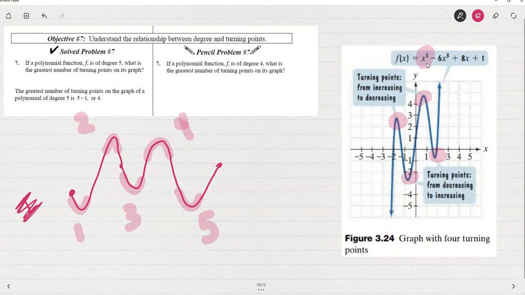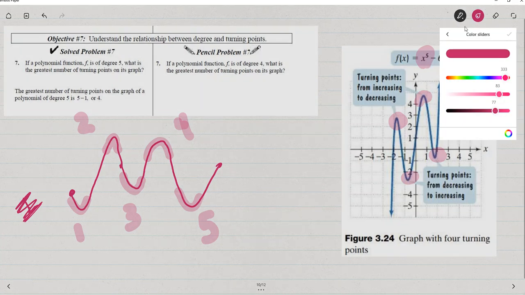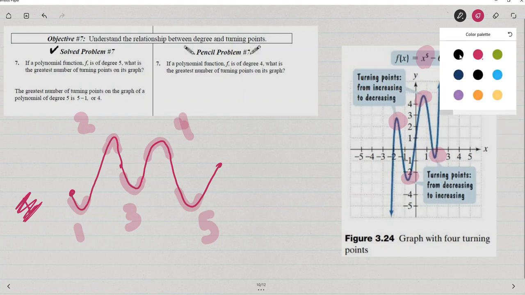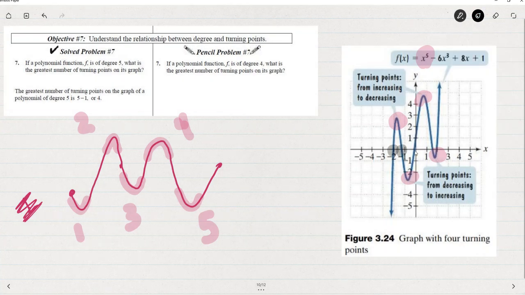Now that number of turning points has something to do with the lead term, or more specifically with the degree. This polynomial is degree 5, which means that it has at most, not guaranteed to have this many, but at most 1, 2, 3, 4, 5 zeros. If there's at most 5 zeros, then at most we're going to turn around 4 times.